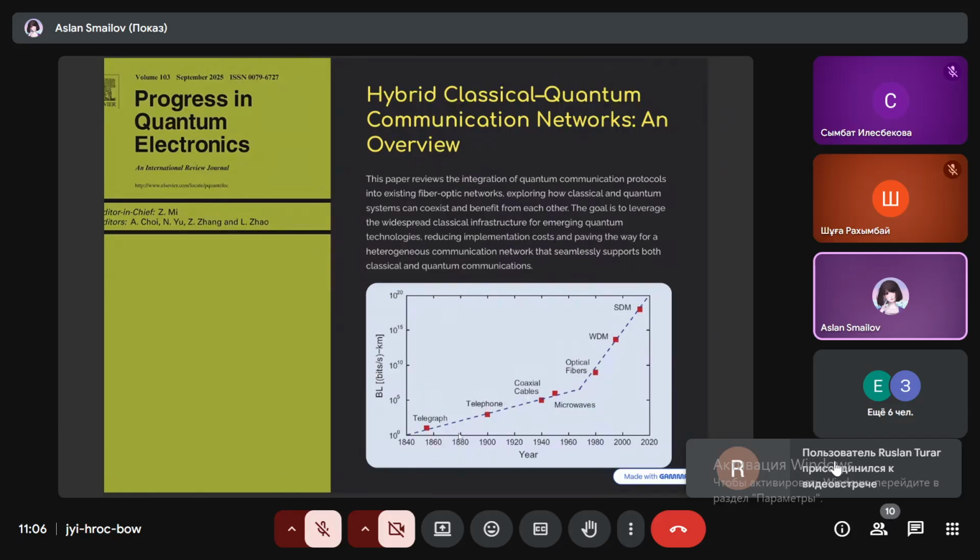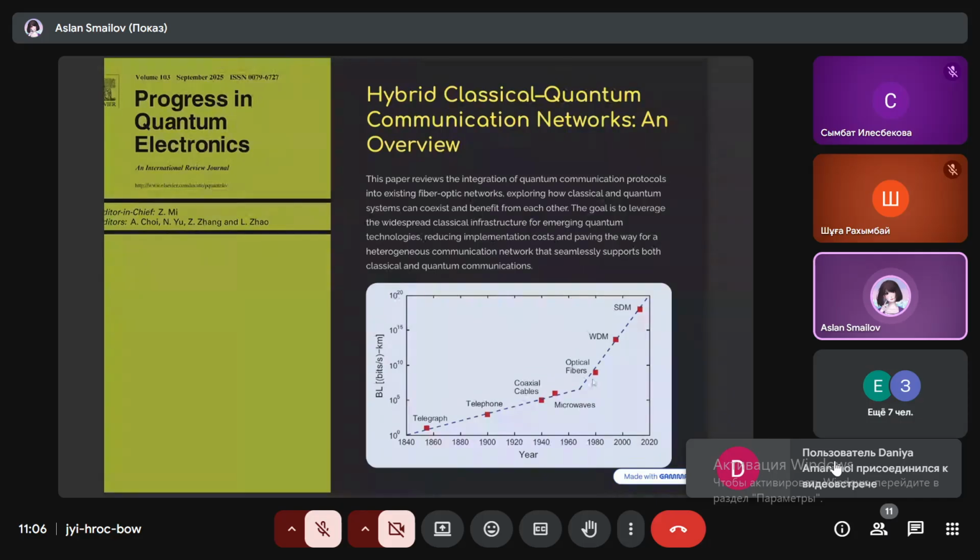Okay, like the telegraph in 1850, sorry, not 1550. Telephone in 1900, like coaxial cables, also the microwaves, yeah.